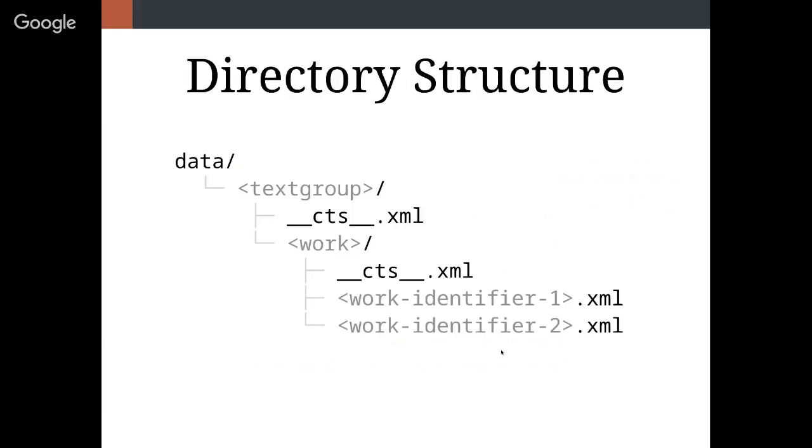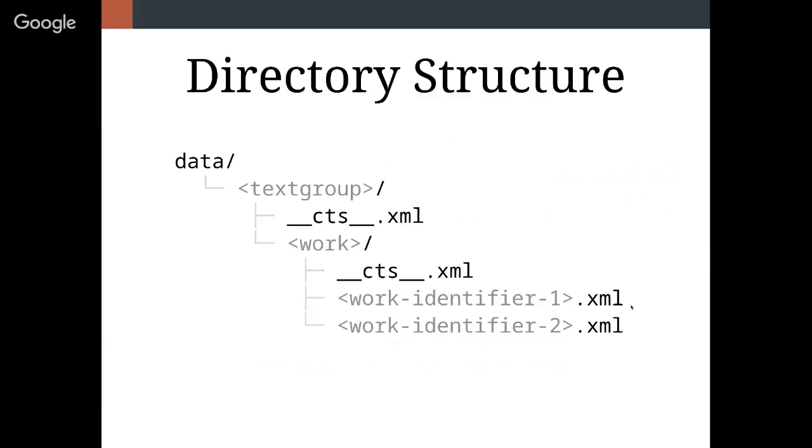So the directory structure is very simple. The expectation, if you want to use Capitains, and because Scaife uses Capitains as applies to the Scaife Viewer as well, the expectation is that your Git repository has a data directory. Under that, you have folders for one or more text groups that the repository is covering. Within that, directories for one or more works that are covered under that text group.